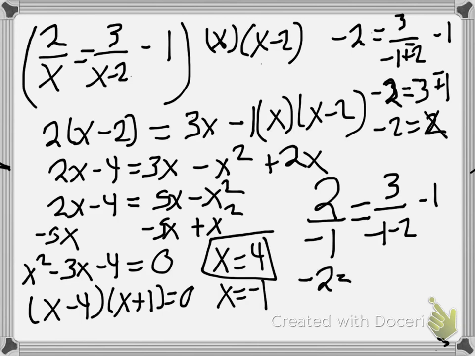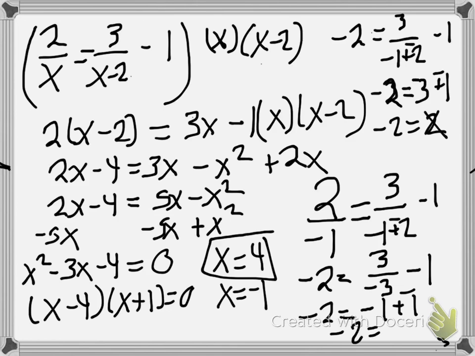Okay, this becomes 3 over negative 3 minus 1. So I get negative 2 equals negative 1 minus 1. There we go. So I get negative 2 does indeed equal negative 2. So negative 1 is a solution.